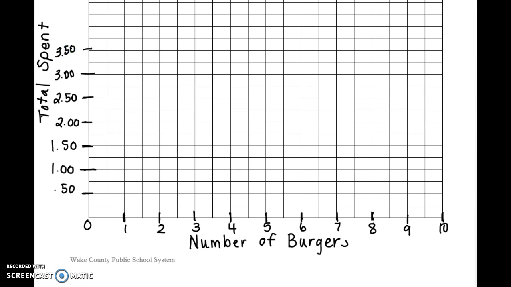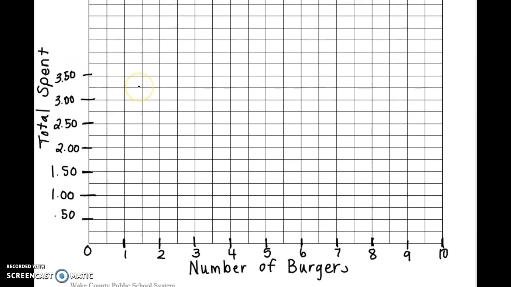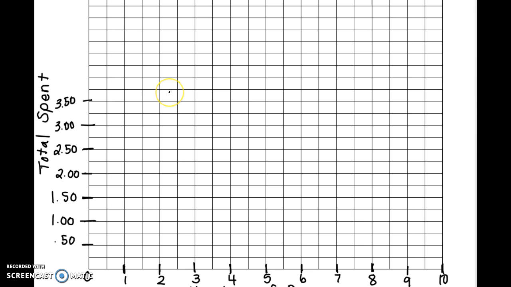And I'm getting a little crooked, so this is the other reason why I sometimes put lines. So that means this will be $4. The other thing is you want your numbers to be close to the values that you are graphing.